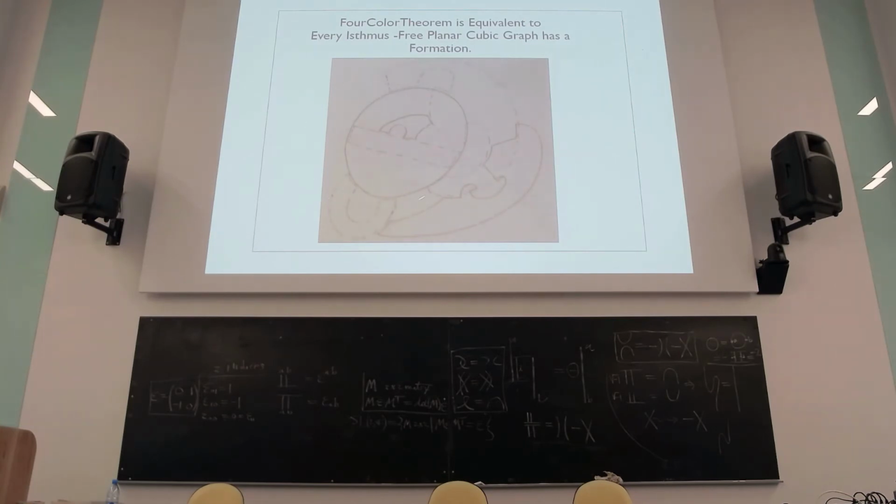I just draw a red curve, and then a blue curve, and so on, and stop after a while, and then look back at it, and I have in front of myself a colored graph. It's colored. So the four-color theorem is saying that when you make these doodles, you are generating all possible cubic graphs with no isthmus. It's not obvious.